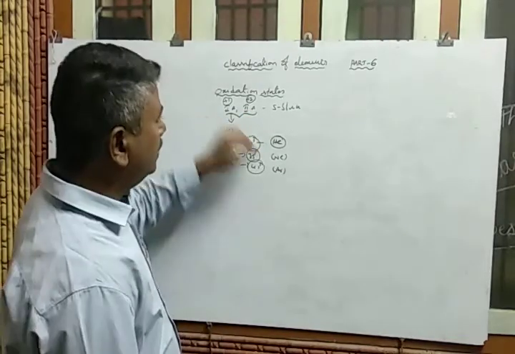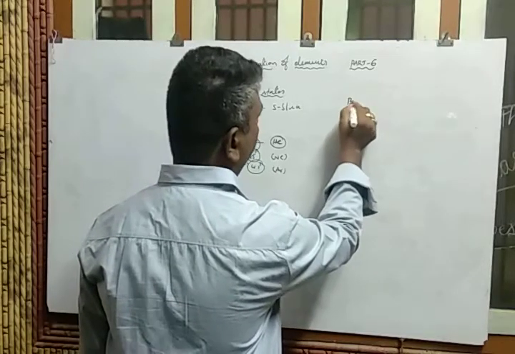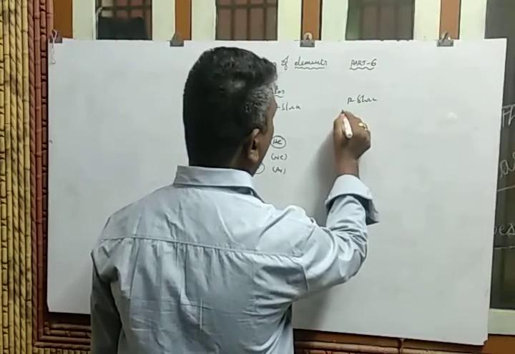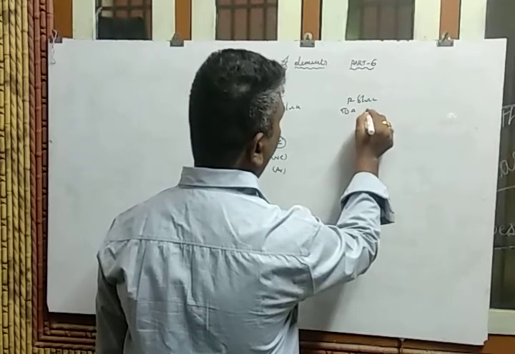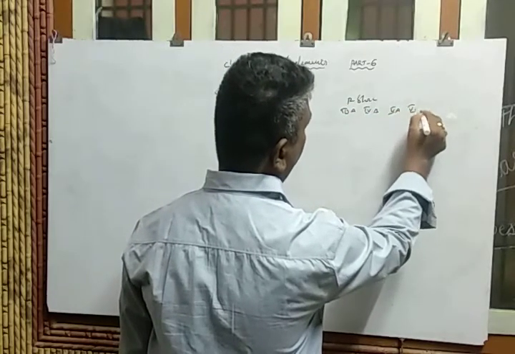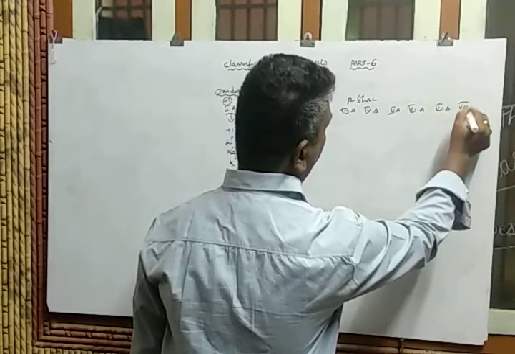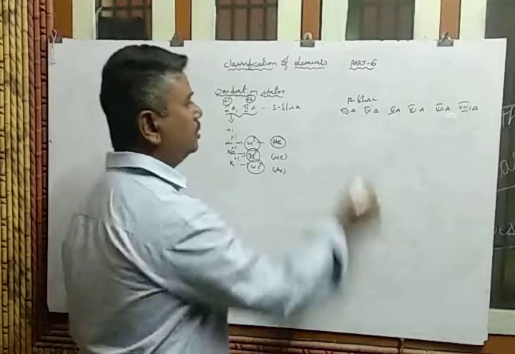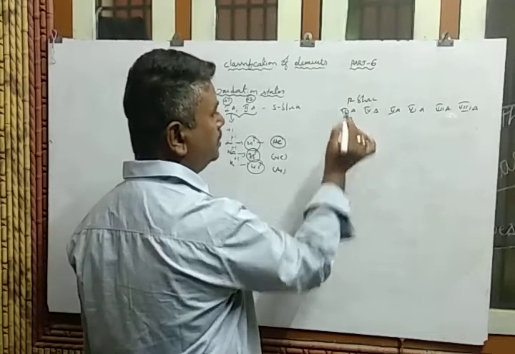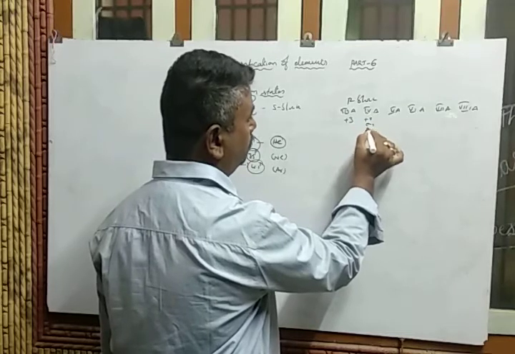So as well as in the case of P block elements, third A, fourth A, fifth A, sixth A, seventh A, eighth A. Third means +3. This one is +4 or -4.